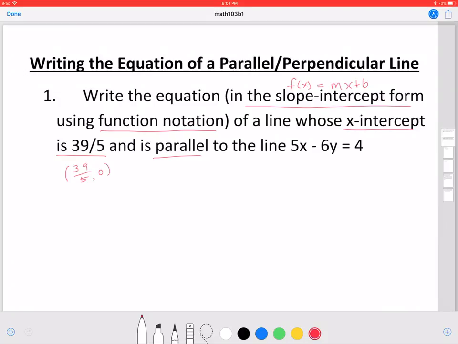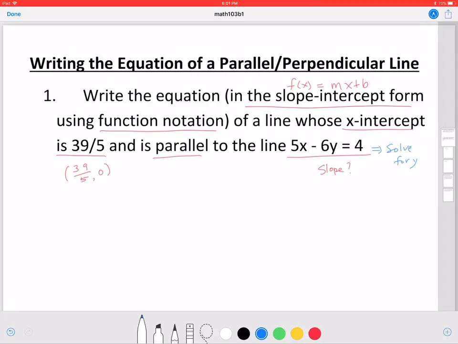It's parallel to this line right here, so we do need to find the slope of this line. That means solve for y.